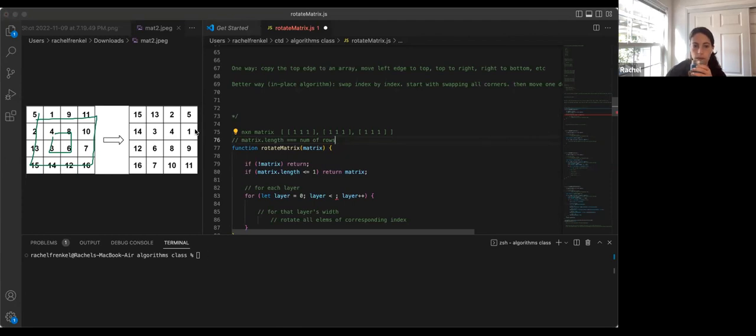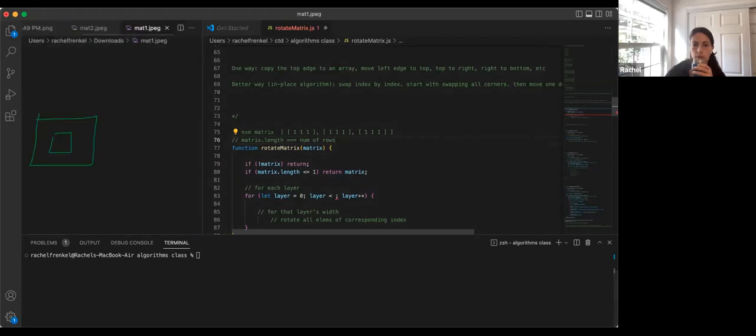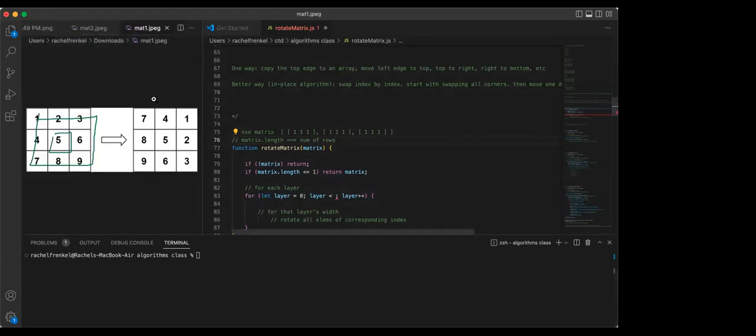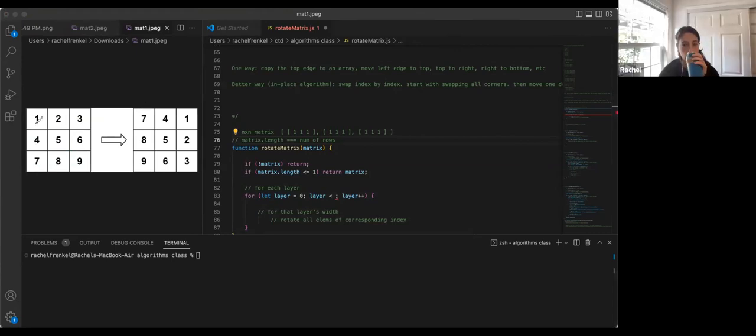And this one looks like it's the matrix length minus 2 times. Wait, is the matrix length what? Minus 2.